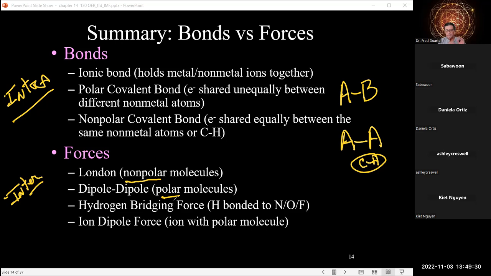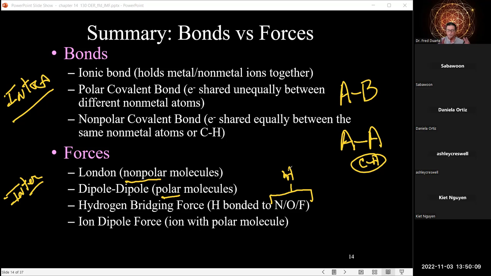And then the third force is the hydrogen bridging force, and that's a special dipole-dipole interaction, but special only for the case when hydrogen is bonded to either nitrogen, oxygen, or fluorine. Yes, that is a dipole, but because of that scenario, it's a little bit stronger than simply a dipole-dipole force.